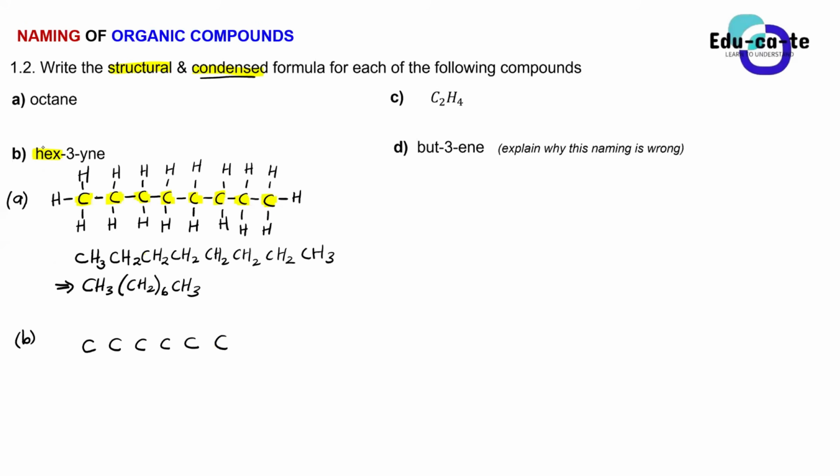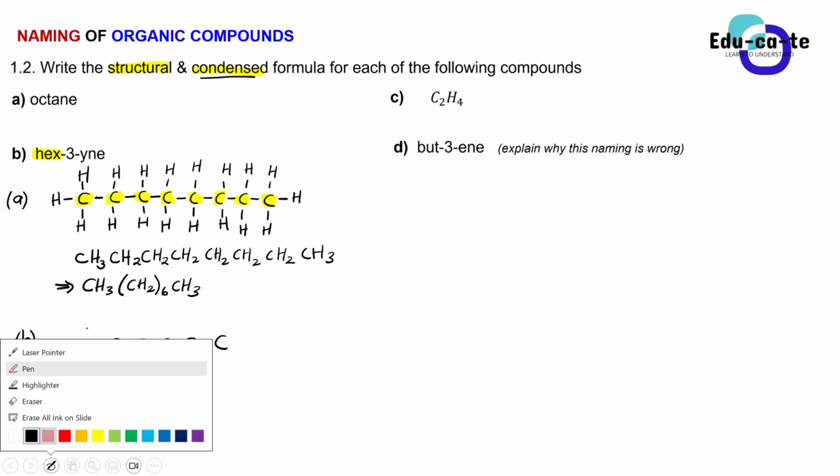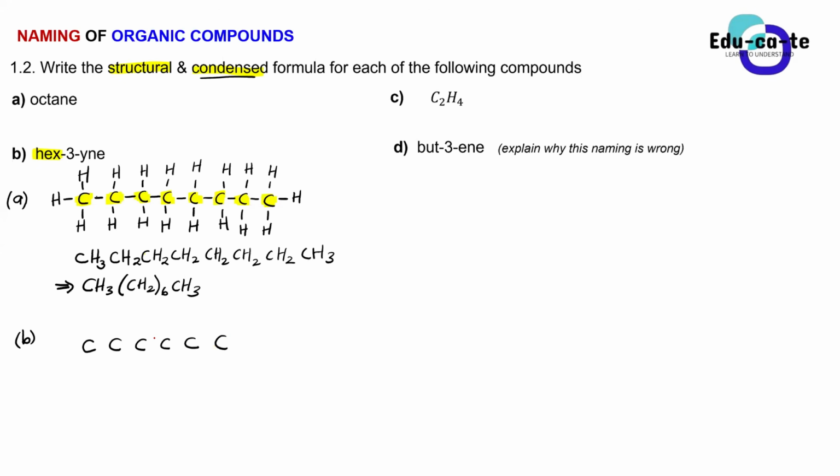Now this is an alkyne, hex-3-yne. You can count in any order of your choice because you are the one drawing the compound. This hex means 6 carbons in the parent chain.